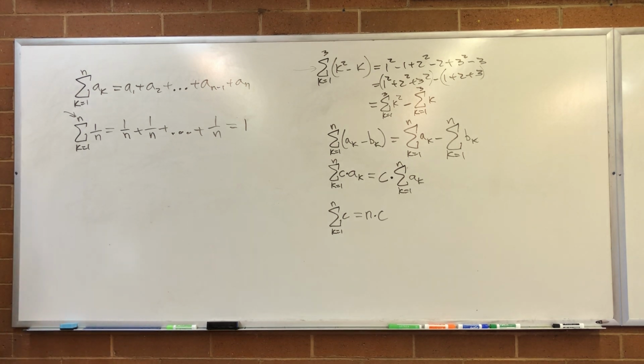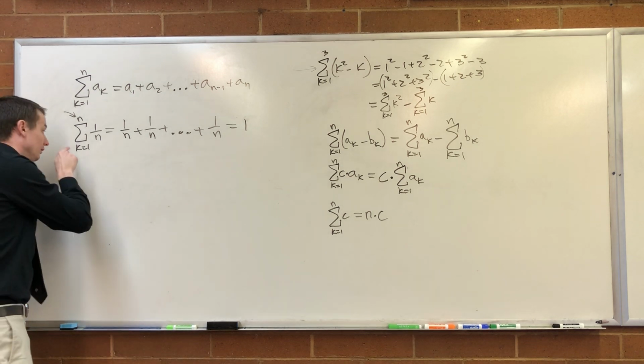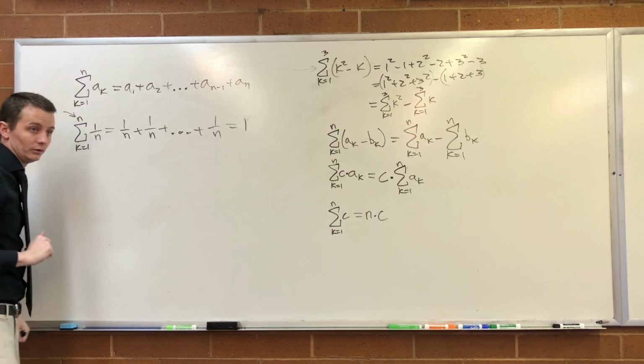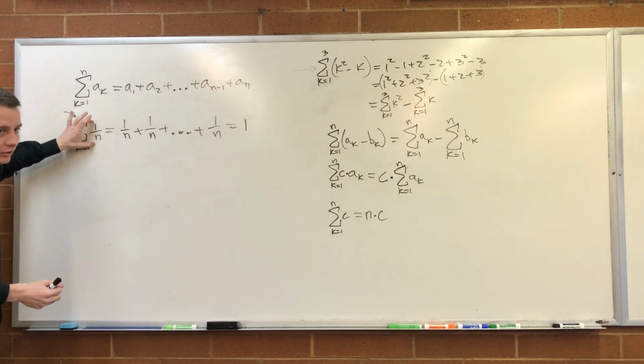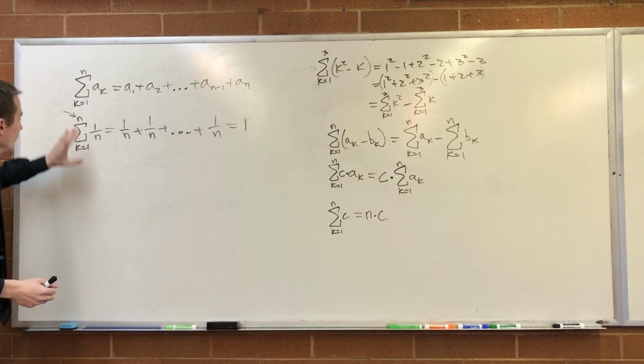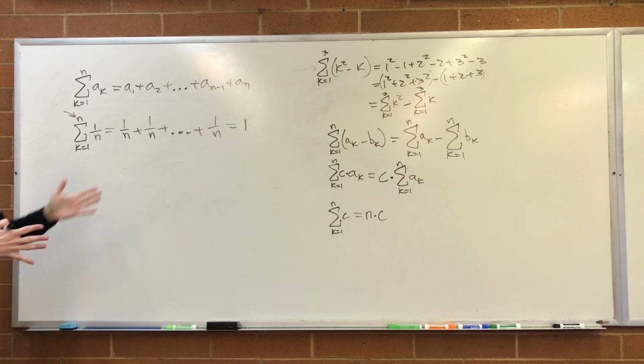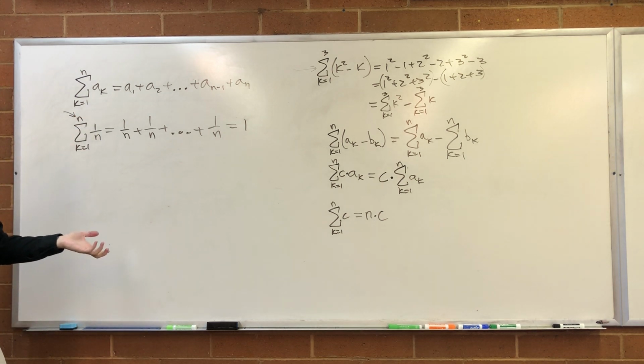What do you do if there's multiple variables and a k? Treat every letter as a constant, except for the thing listed down here. That's your only variable. Because the only way whatever you have written here changes is if k changes. And so it has to have a k in the expression. If there's no k in the expression, it's not changing. So any other letters have to be constants. Does that make sense?